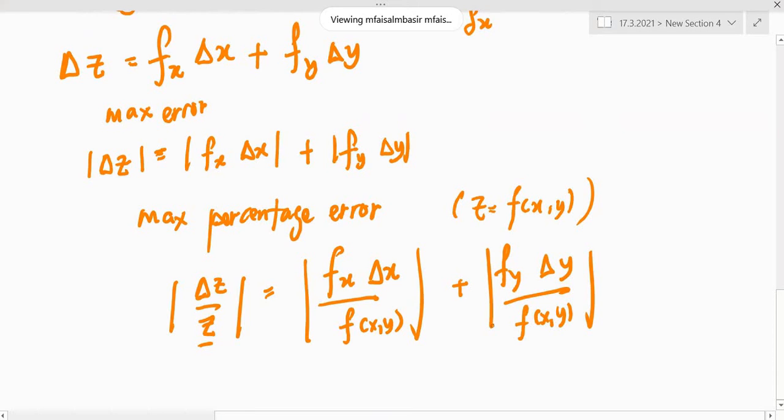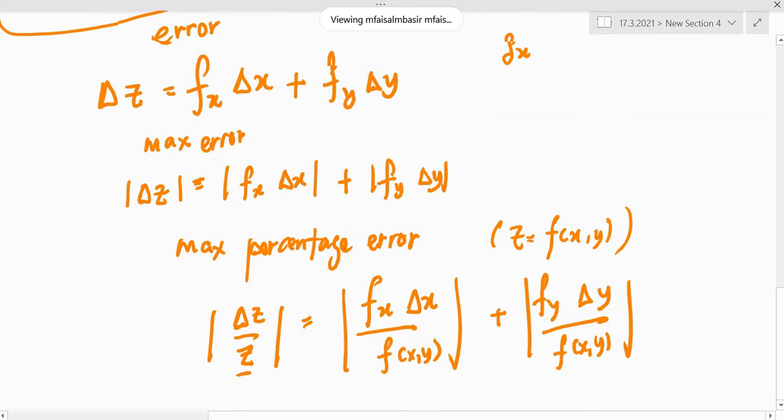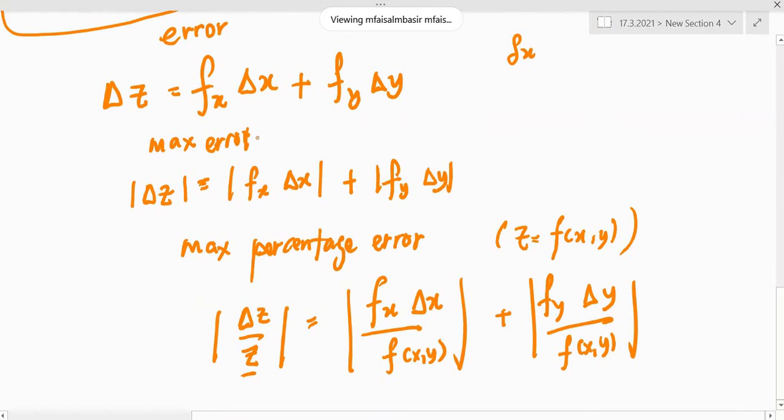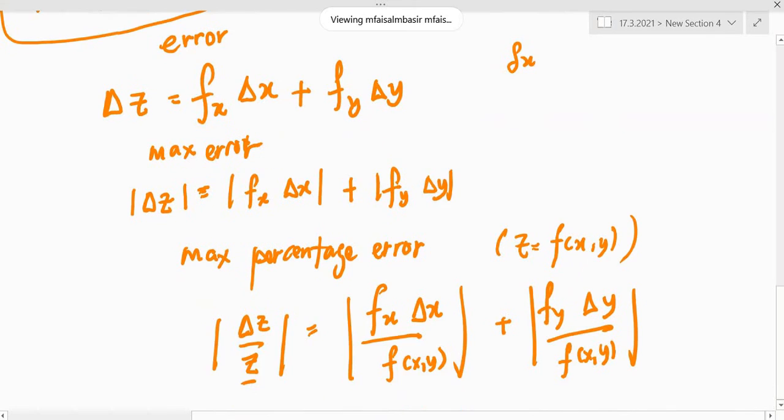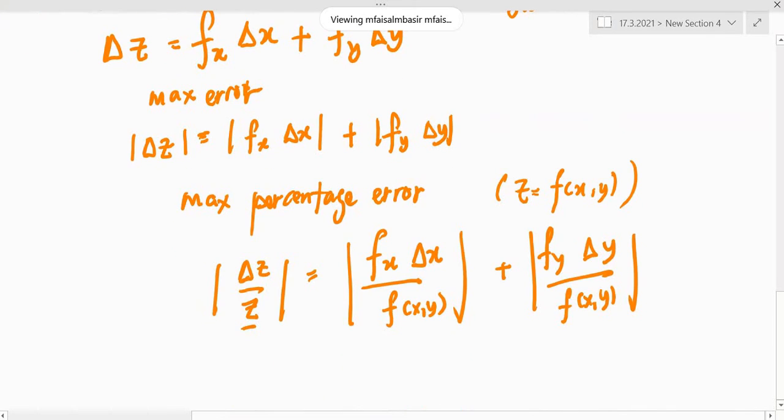So this will be the maximum percentage error. So remember, this is maximum error. This is maximum percentage error. And then for 3D, just the same. Okay, we check.